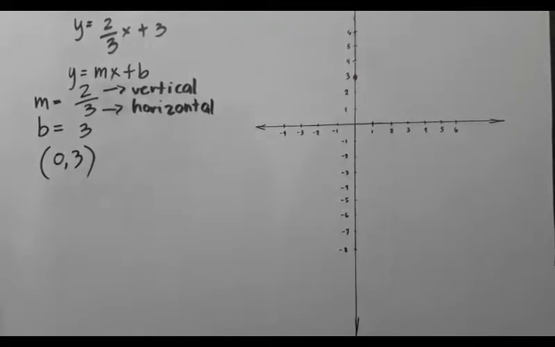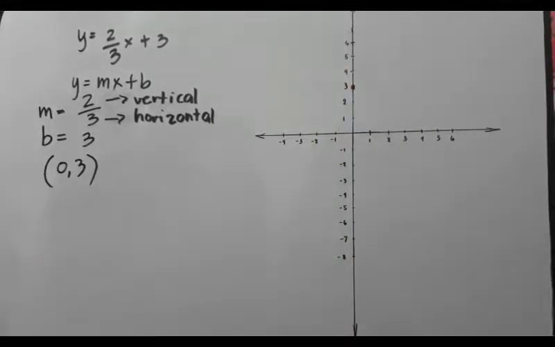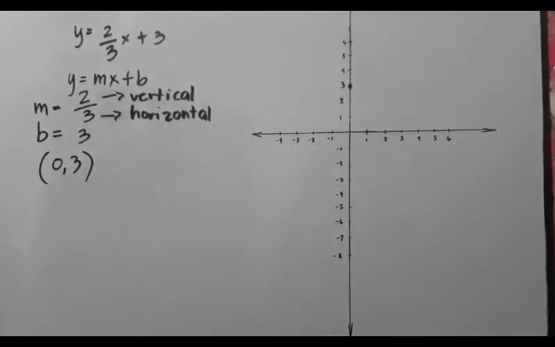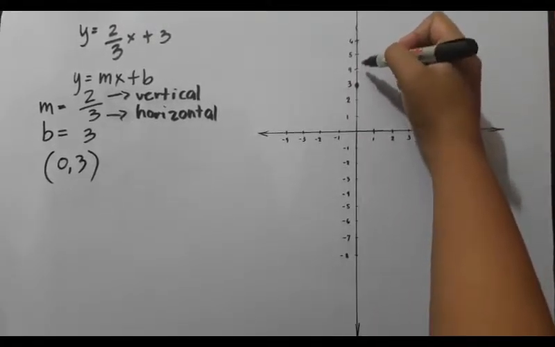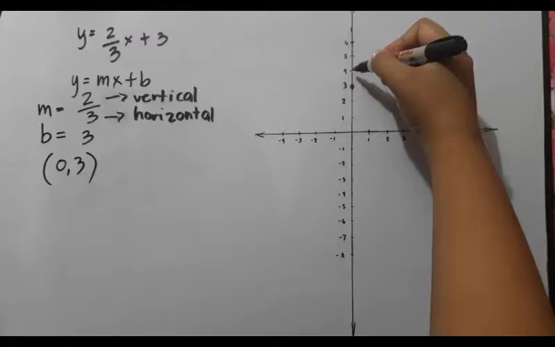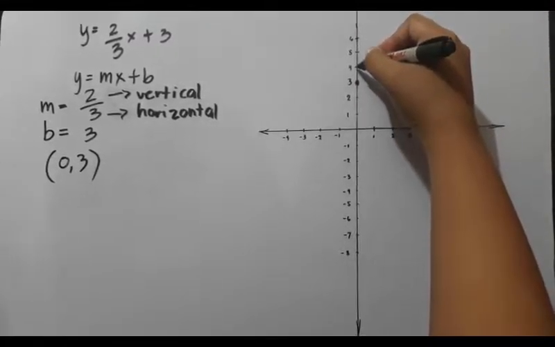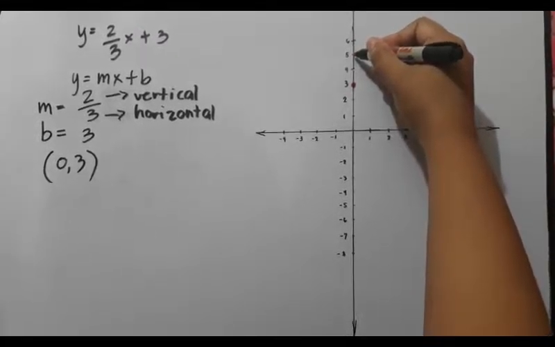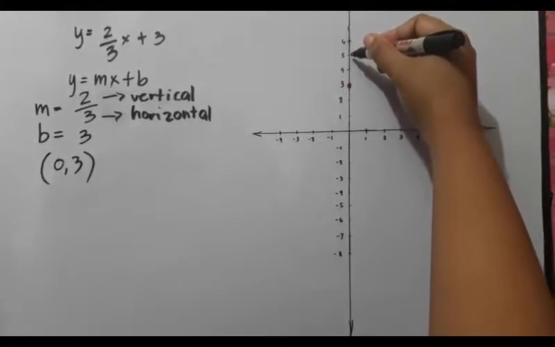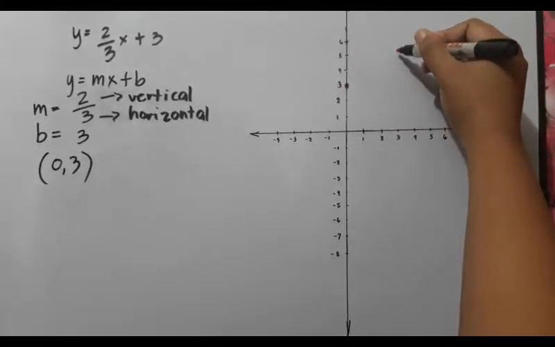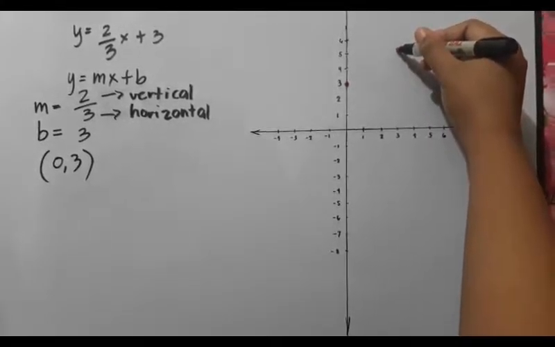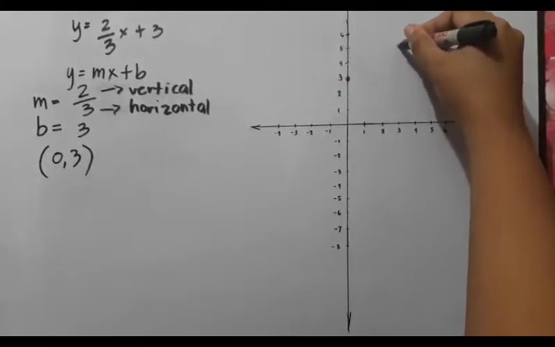Now let's check where our second point is. 2 is the vertical movement, which is 1, 2. Then we have 3: 1, 2, 3. So the second point is here.